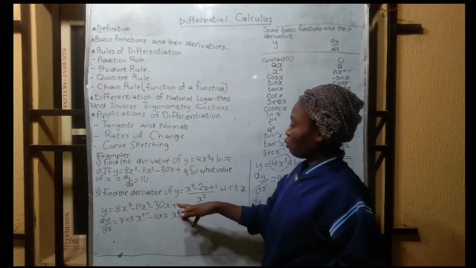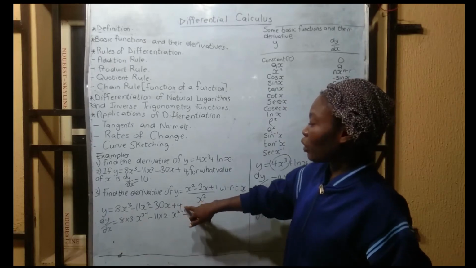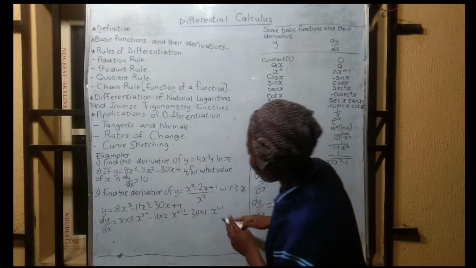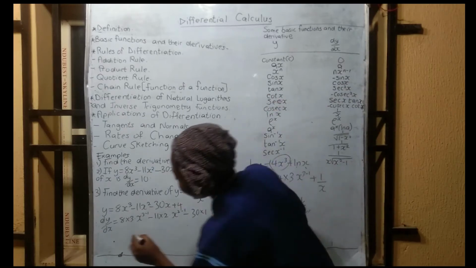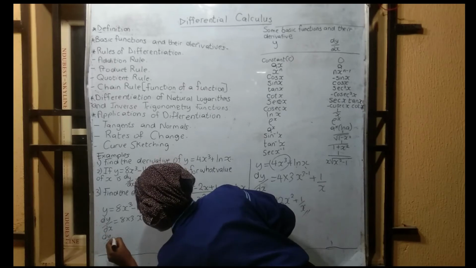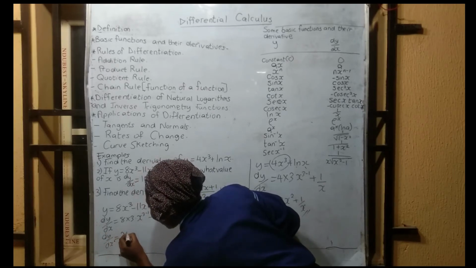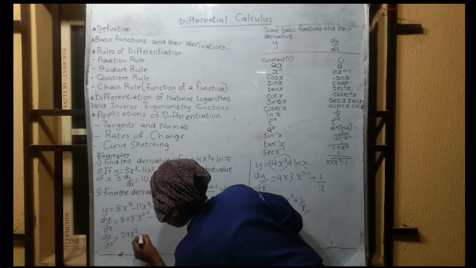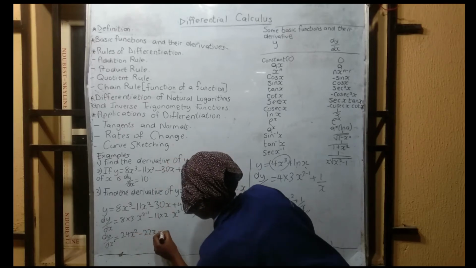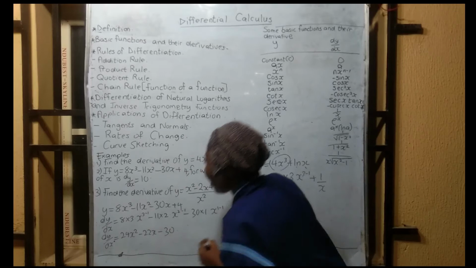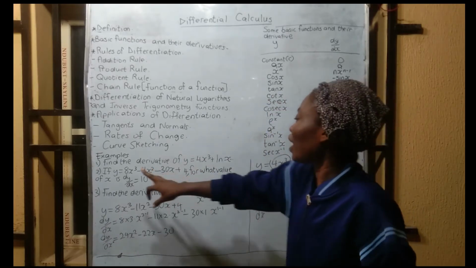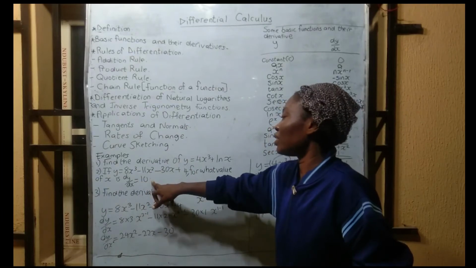Then remember that when we differentiate the constant, the derivative is what? 0. So the 4 is going. Now dy/dx equals 24x squared minus 22x minus 30. Now we are told that we should find the value of x if dy/dx is equal to 10.